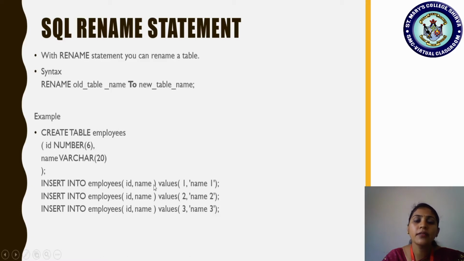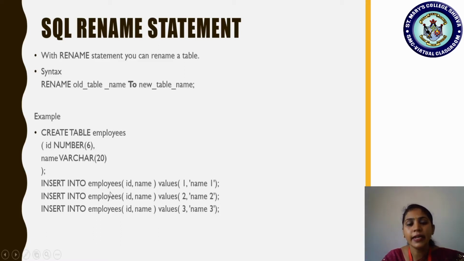Directly you can write like this: insert into employees. You can skip the parenthesis information ID, name, because as it is a new table, we are trying to insert all the data into the table. I mean, whatever columns we have created, we are trying to fill the information. So no need to specify for which column or how many columns you are trying to insert.